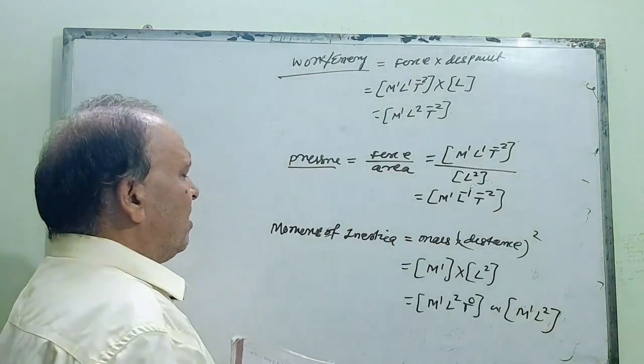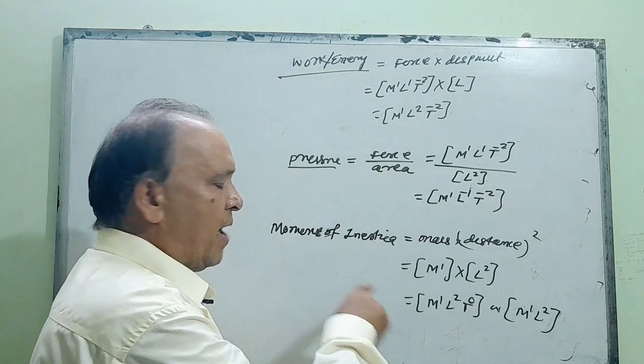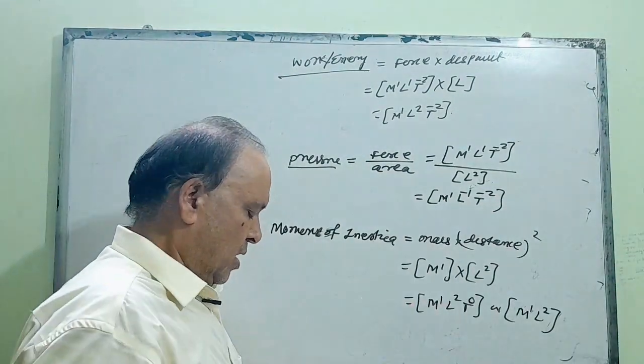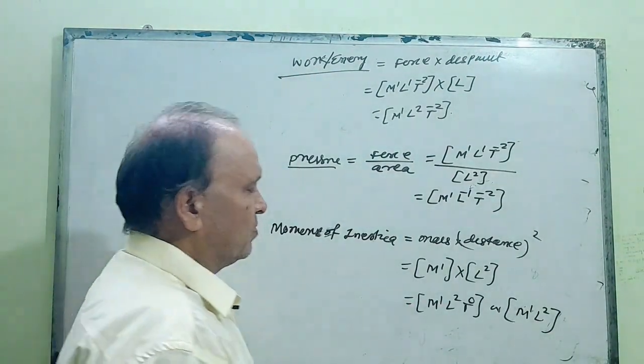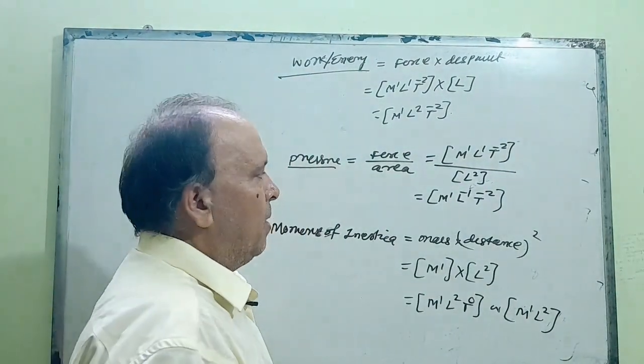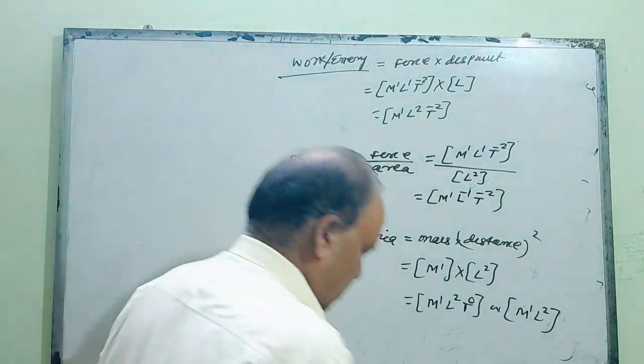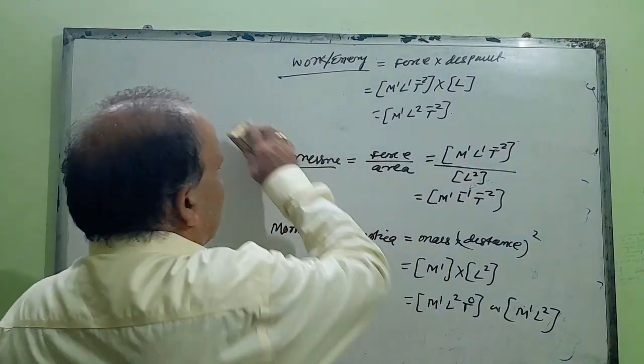So these are the important physical quantities whose dimensions you know. After that, we determine the dimensions of other physical quantities by knowing the formula of physics, and you will know it gradually.